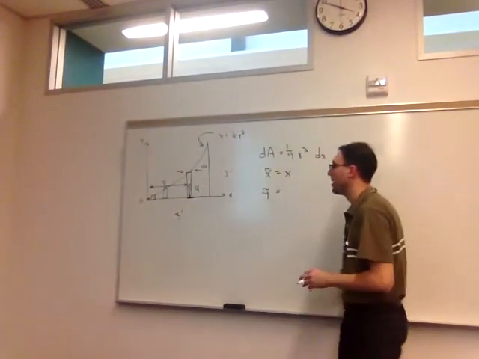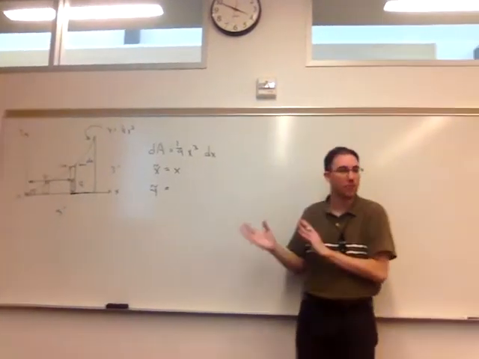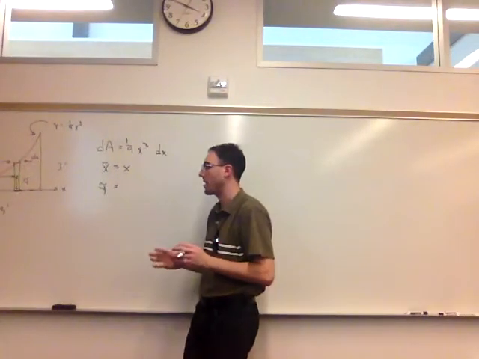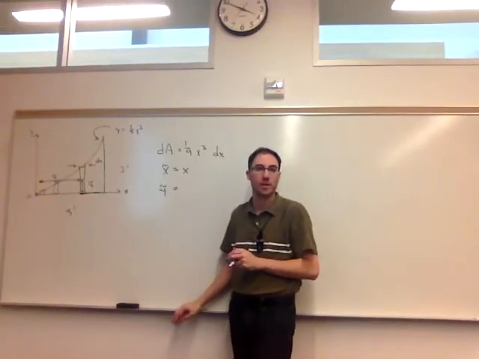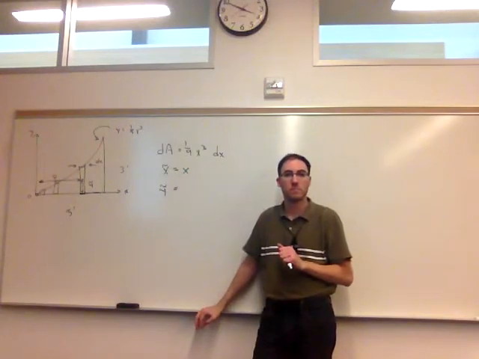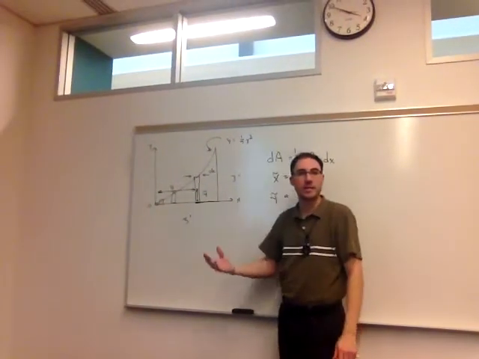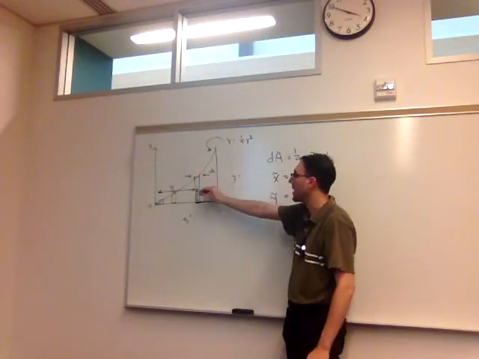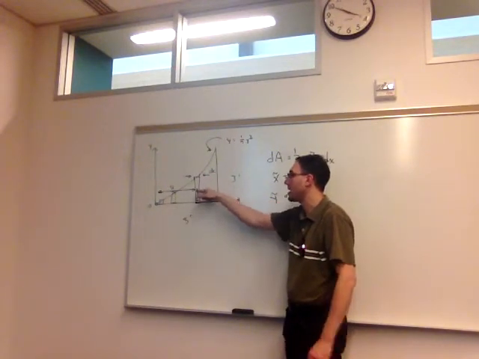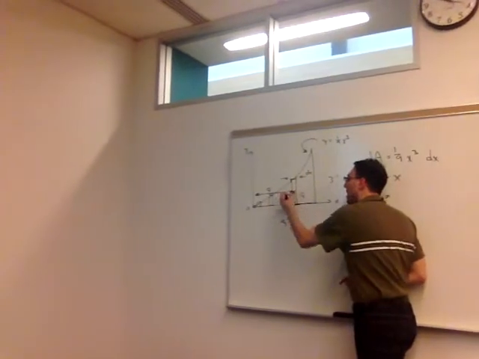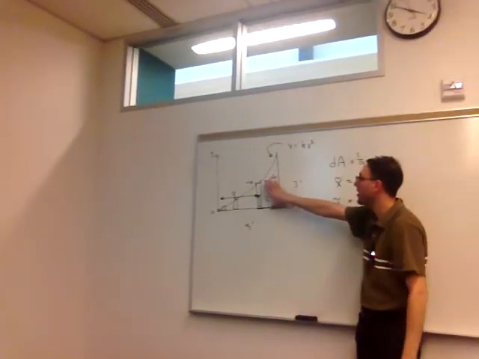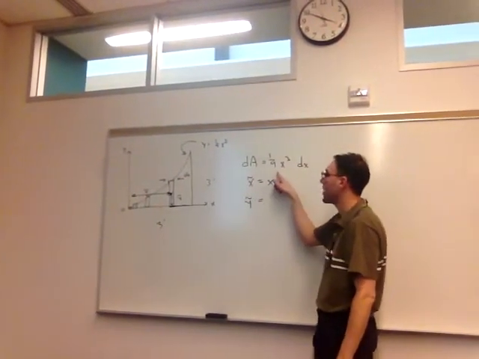So how do we find where's the location for any of the rectangles? How far is its centroid above the x-axis for any rectangle? Right, because they're rectangles, we know for a rectangle that its center is going to be at half of its height and half of its width, which in this case is located at x. But half of the height, we know the height of each rectangle is 1/9 x cubed.